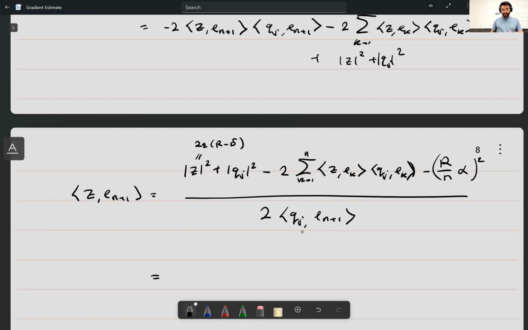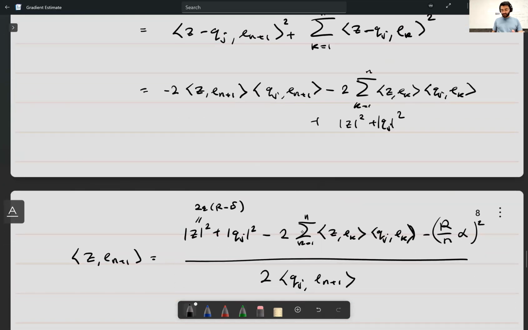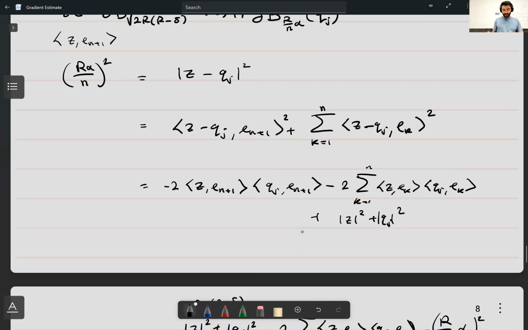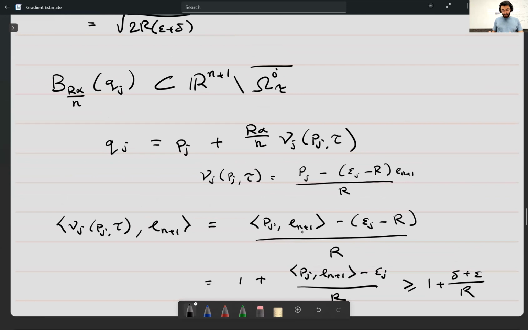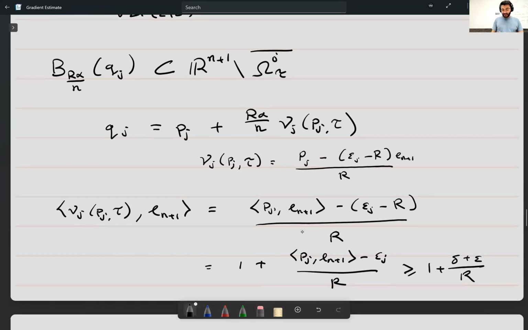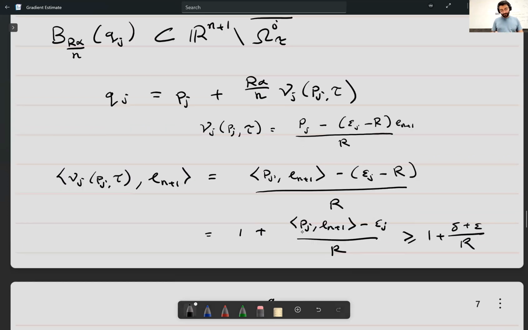Now, what about the norm of QJ squared? Well, that is going to be proportional to R. I have it here, don't I? Yeah, norm of QJ squared is going to have an R alpha on N squared, so that will cancel out with that term. And then it will just have a PJ inner product with this thing here, and I can make that as small as possible, because it's the EK component, because this approaches En plus 1, and this I can make very close to 0.